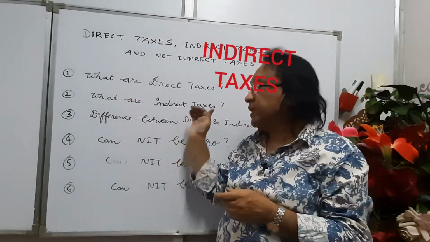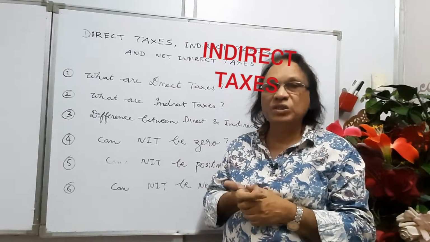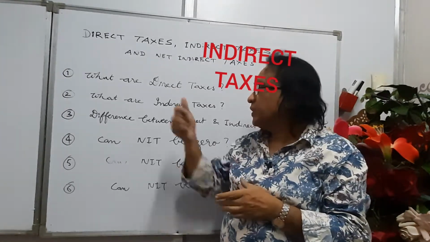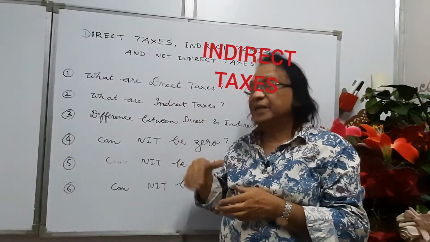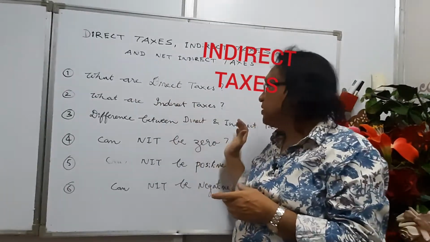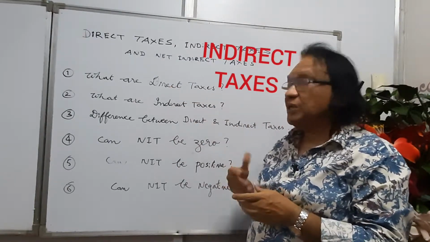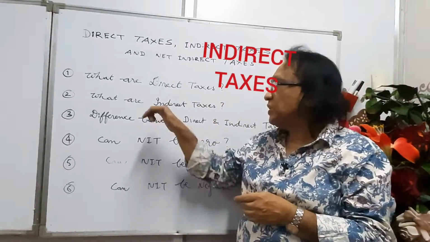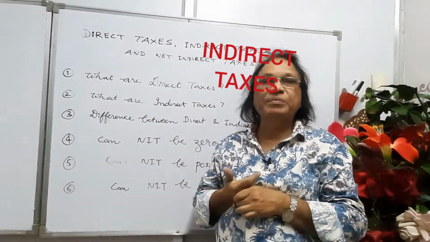So in case of indirect taxes, the tax liability and burden is on different people. It is passed on. In case of direct taxes, the tax liability and burden is on the same person.